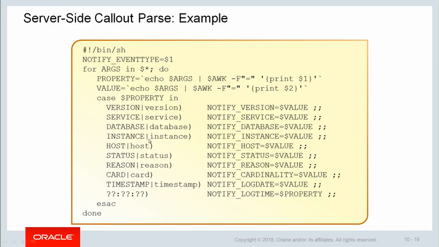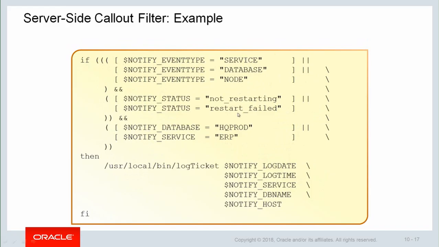So just parse your FAN event message and then compare with this filter condition. If a FAN event is about the HQ prod database or ERP service, and these components are not restarting or restart failed, and the conditions are met, then take action. In this case, open a ticket. Okay, so we can actually create a callout script to manage FAN events at the Oracle cluster level.